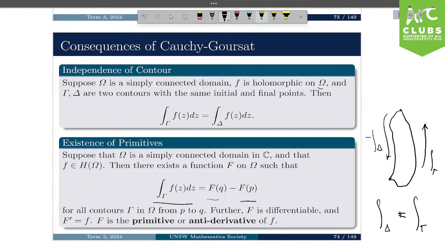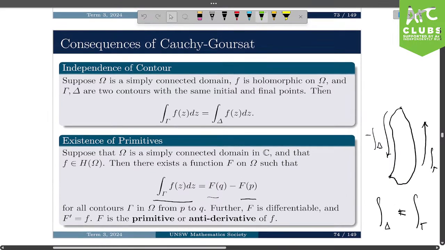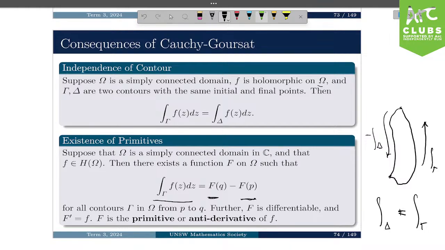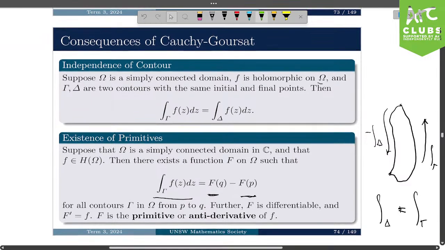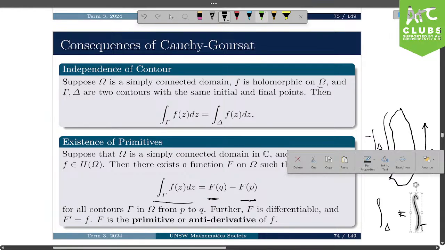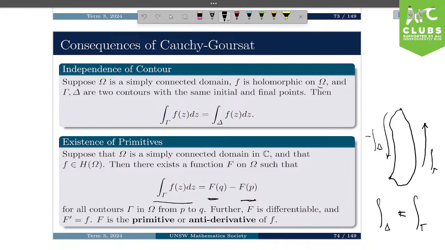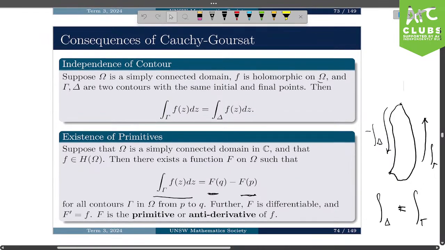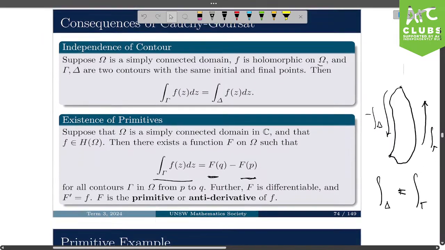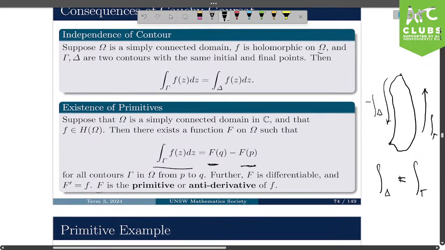So this is basically equivalent to the fundamental theorem of calculus that we learned in high school, except now it's complex. We just have the extra condition that f has to be holomorphic on the set where all those contours exist. And we call capital F the primitive or antiderivative of f, just like with real integration.